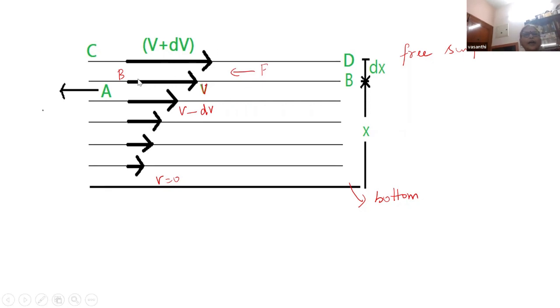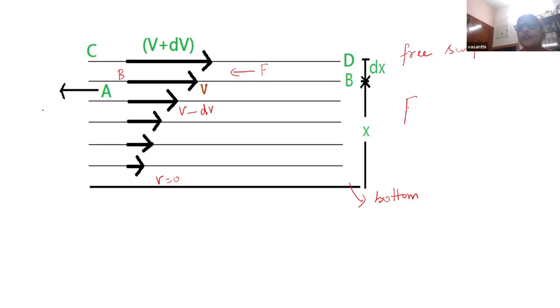Each layer is not allowed to move with a definite velocity; it has no independence to have its own velocity. The neighboring layer tends to influence the motion of a particular layer. That is the viscous force.